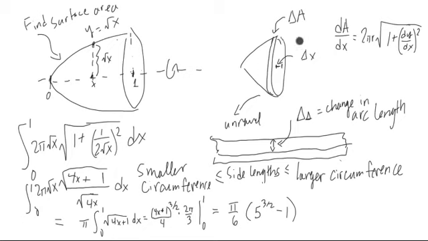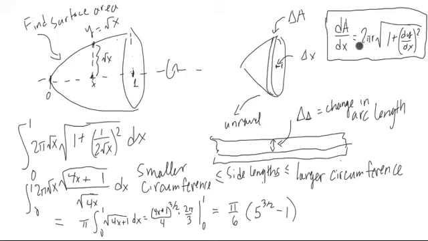As change of x gets smaller and smaller, these two circumferences converge to be about the same. So in particular, this is what we're looking at. The derivative of the surface area with respect to x, so with respect to axial growth, can be thought of as the circumference at a particular position x, which we write as 2 pi r.